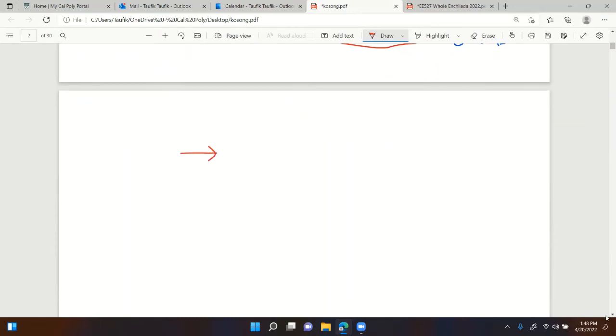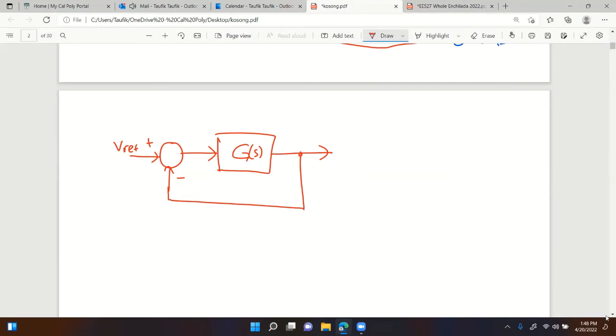Again, this is just a review from 302. If you have a transfer function like this, Vref plus minus, like this.